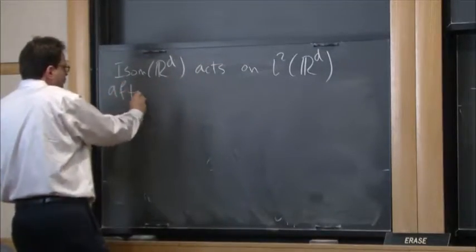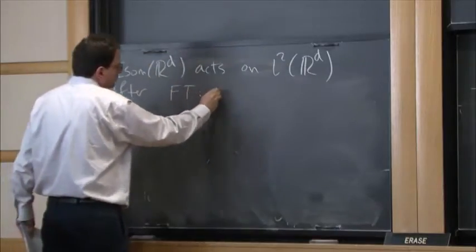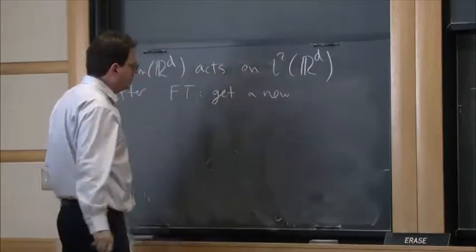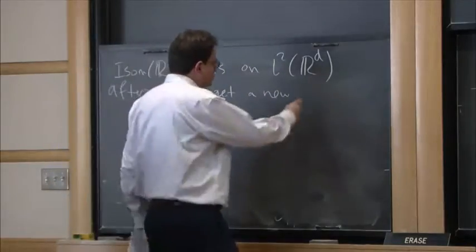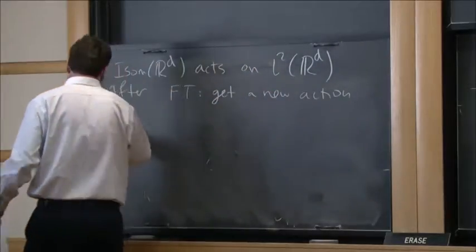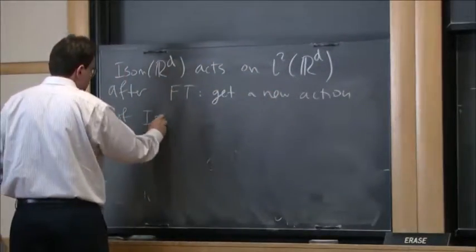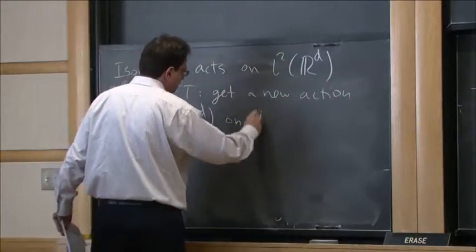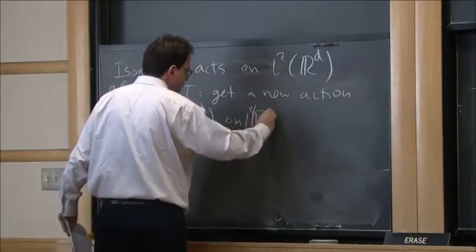So after you do Fourier transform, you get a new action, which is of course equivalent to the old action, a new action of the isometry group on L2 of Rd.